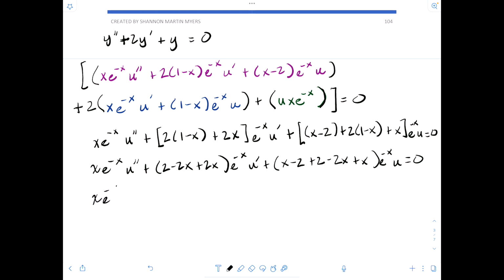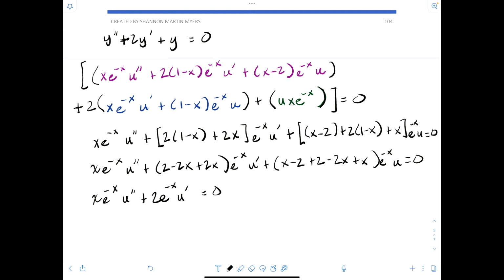And we will get xe to the negative x times u double prime plus 2e to the negative x, because the x's zero out, times u prime, and then all of this over here will zero out, so that will be equal to 0. Good so far? Perfect.